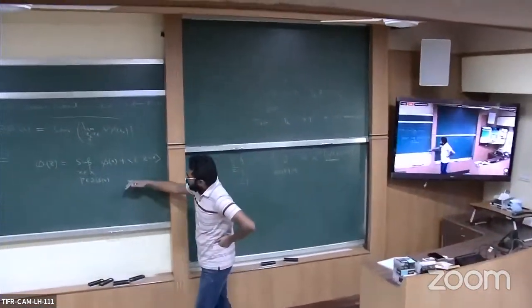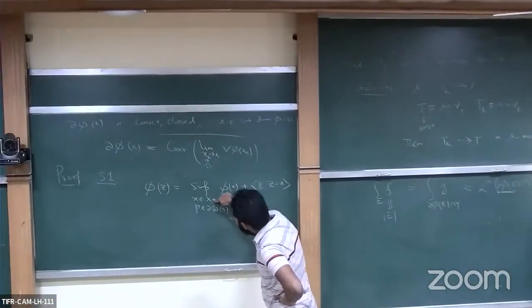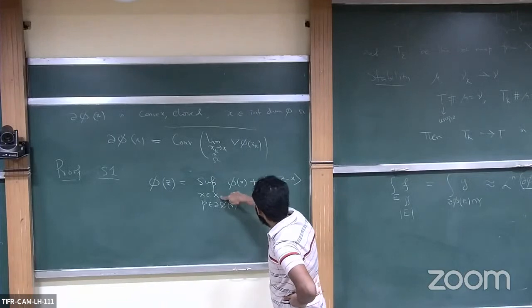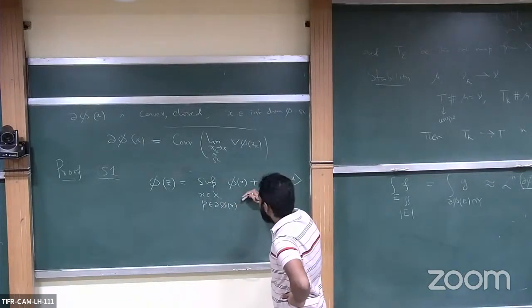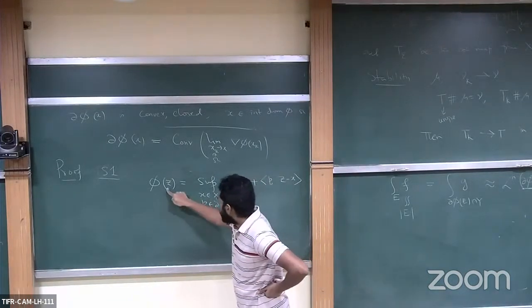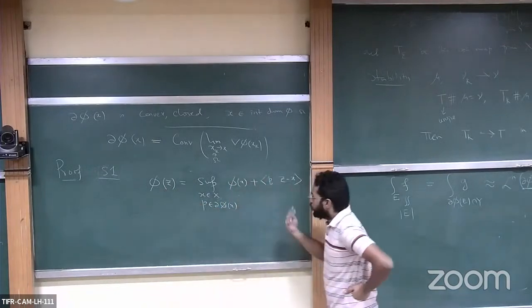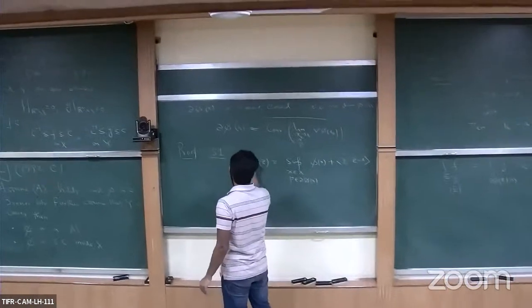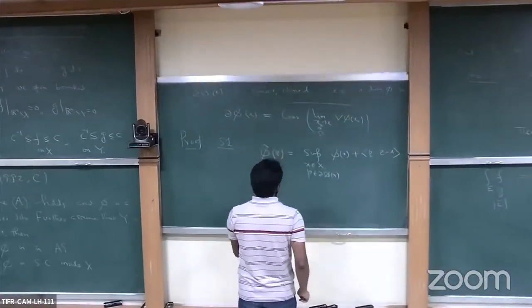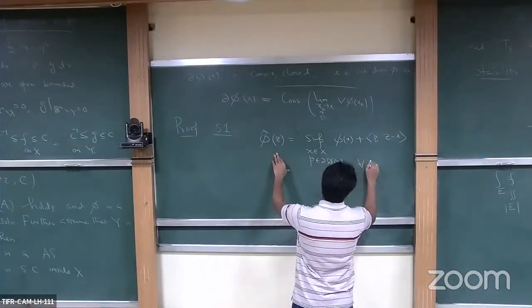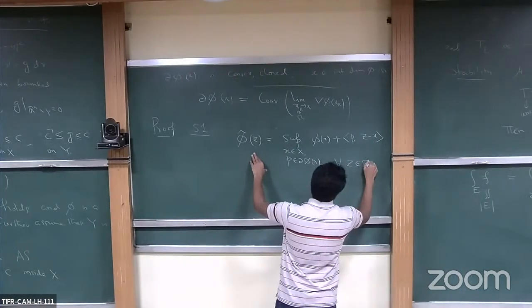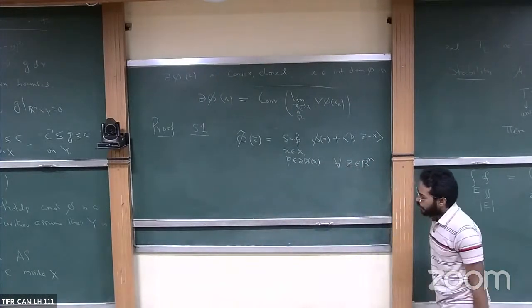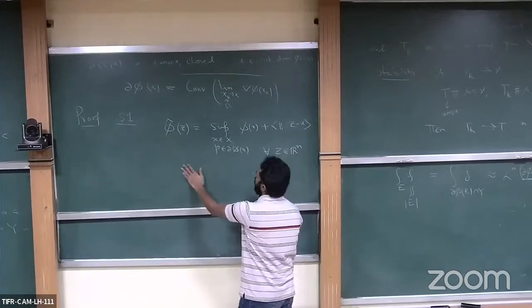Now look at this definition. My X is bounded, and therefore this definition makes sense even if z is outside X. So I'm going to set phi hat, and this makes sense for all z.